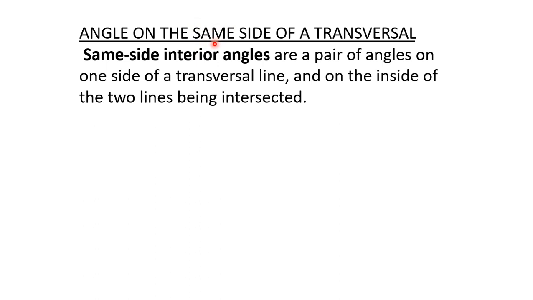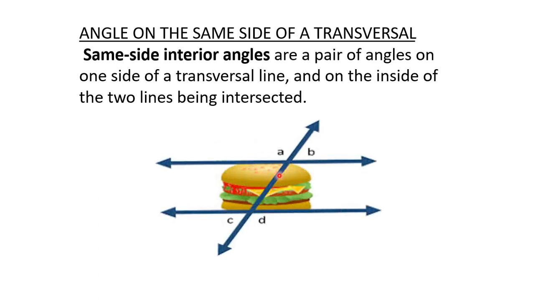If there is a transversal, same side means the right hand side of the transversal, or it may be the left hand side of the transversal. So we can get this by the figure. Suppose you have a burger and you are putting this burger inside of the two lines, and when we cut this burger with a knife, we get a left hand side part and a right hand side part of the burger.